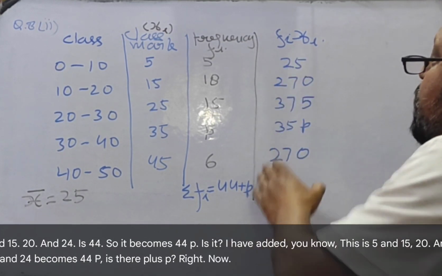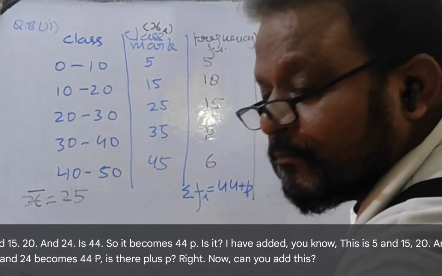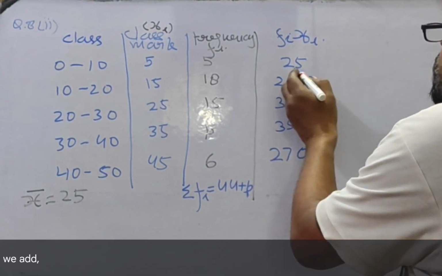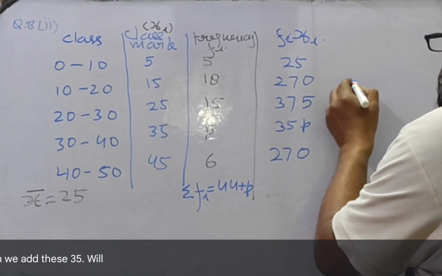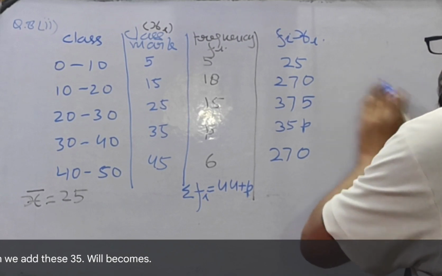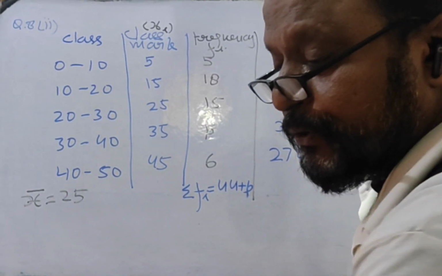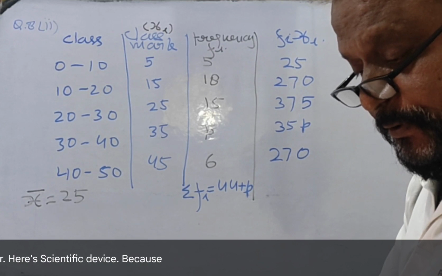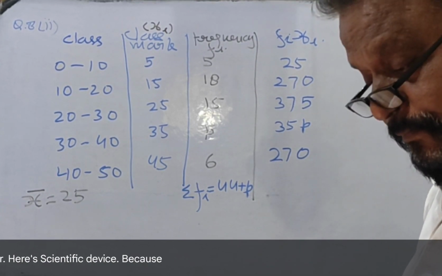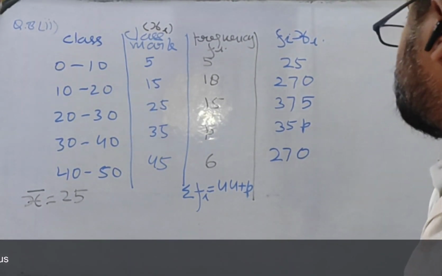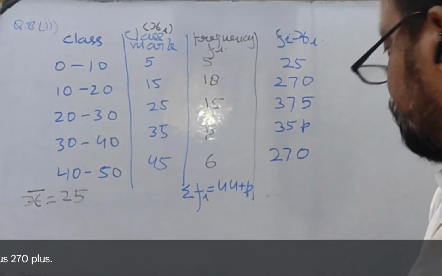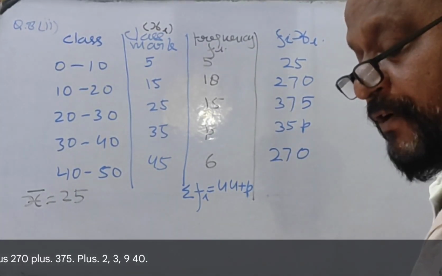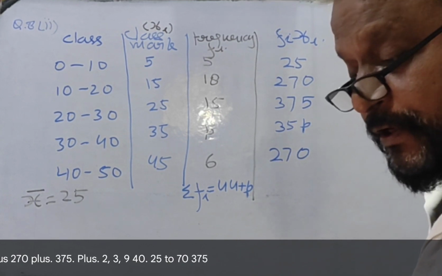Now, can you add these? It is better we use a scientific calculator: 25 plus 270 plus 375 plus 270 is 940.